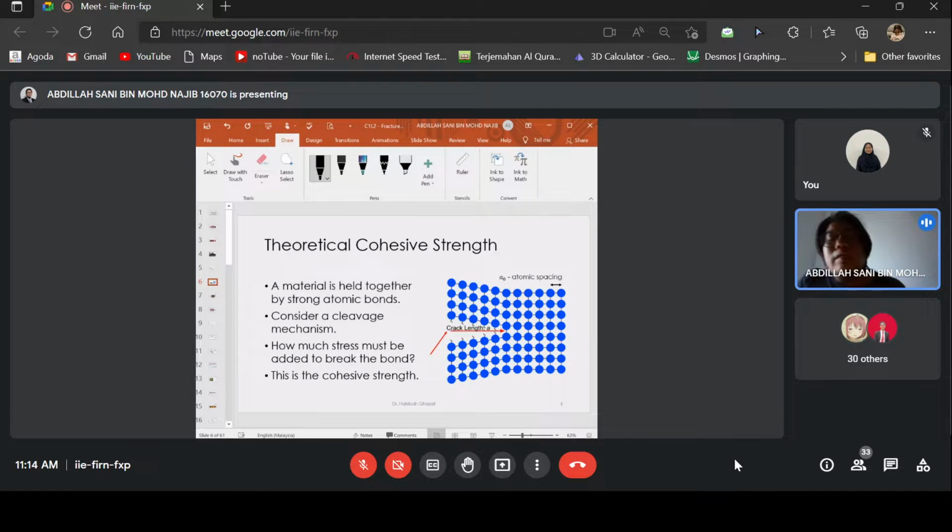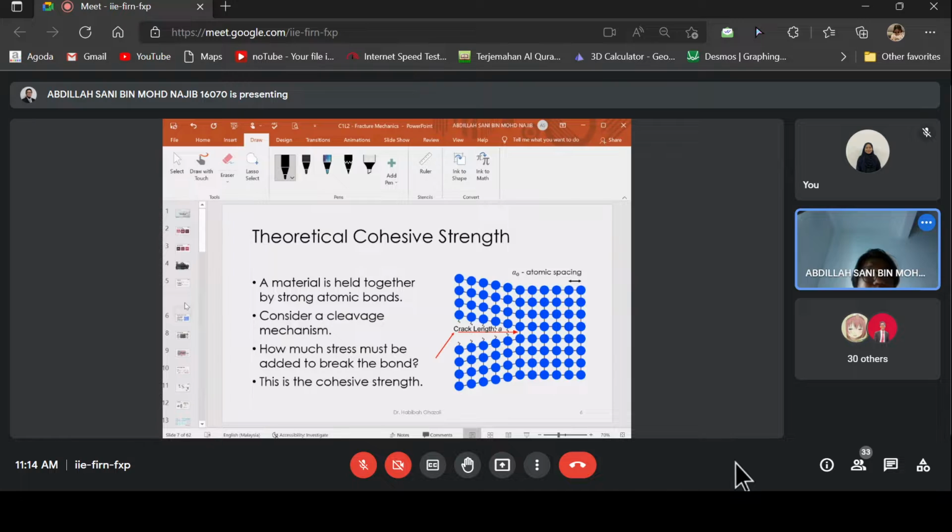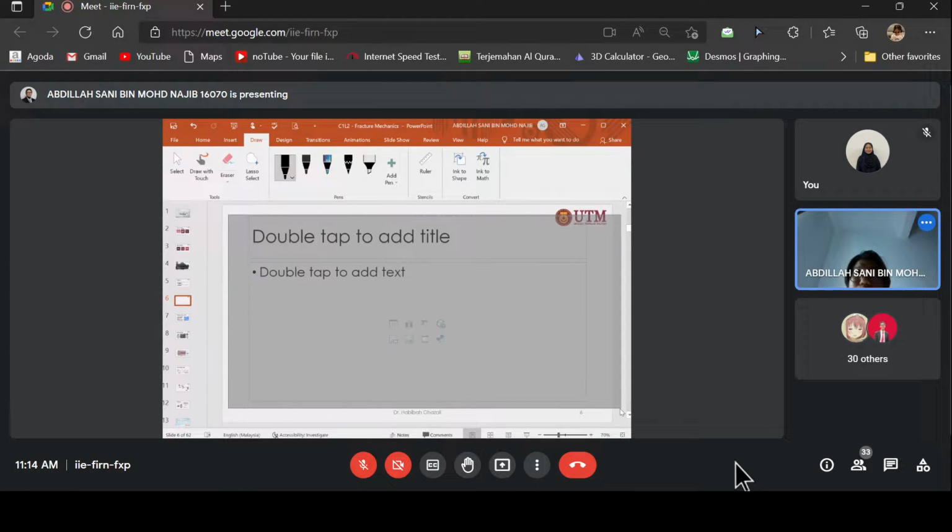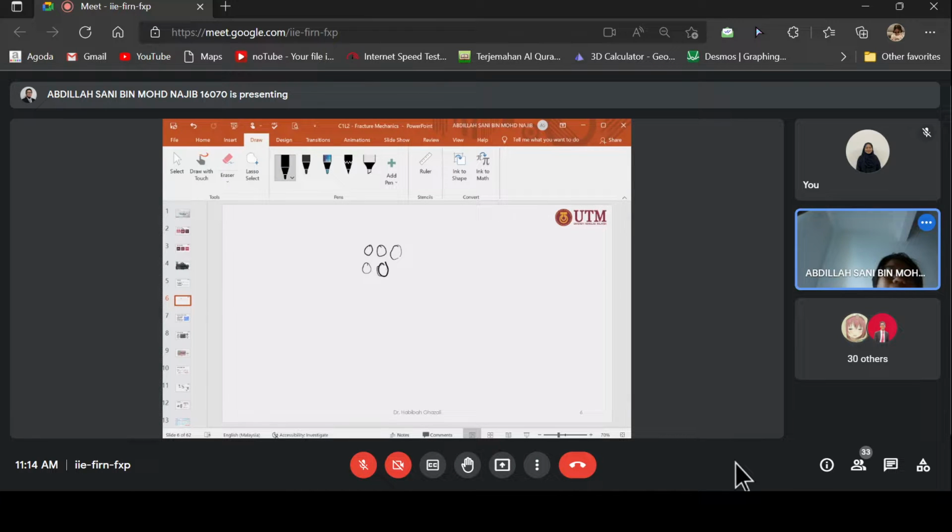Okay, let's start here. You see that materials are made up of an arrangement of atoms, especially in crystals, where they are in an orderly manner.